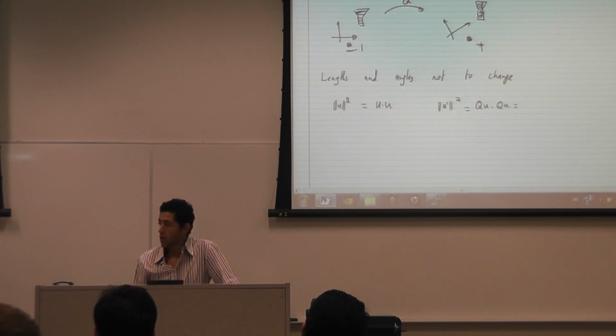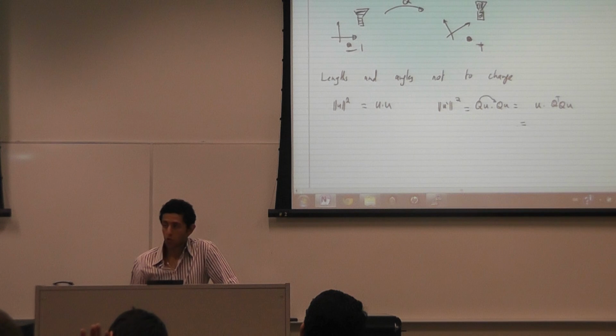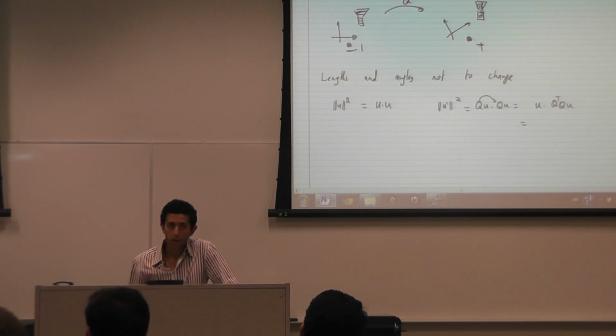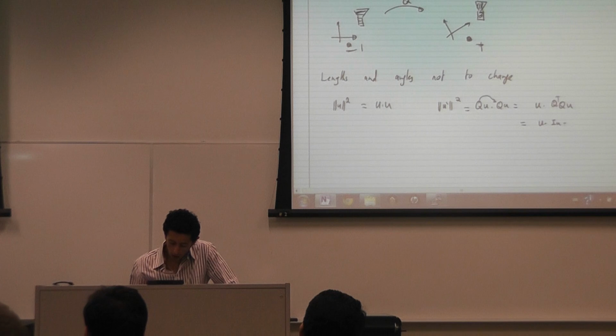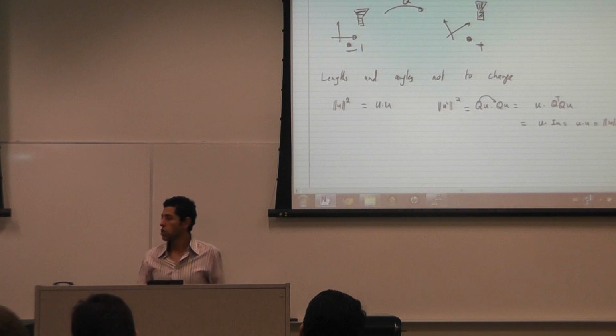I'm going to use the abstract definition of transpose to take the transpose and put it here. Q transpose Q is equal to I. It's the identity matrix because the inverse of Q is equal to its transpose. So this is equal to u dot Iu, which is equal to u dot u, which gives me the length of u squared. So lengths do not change.